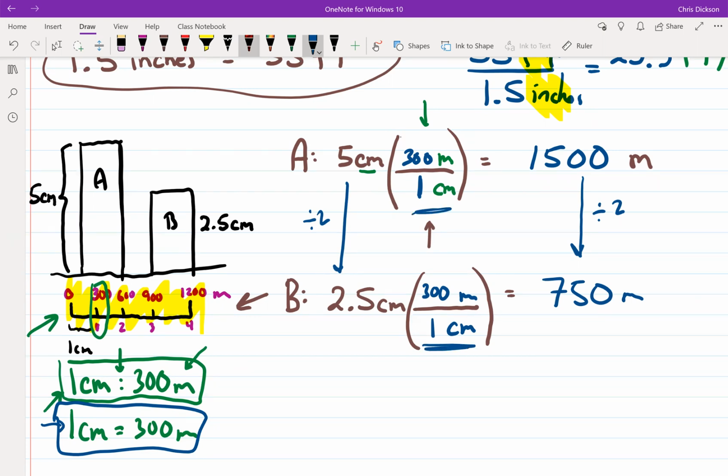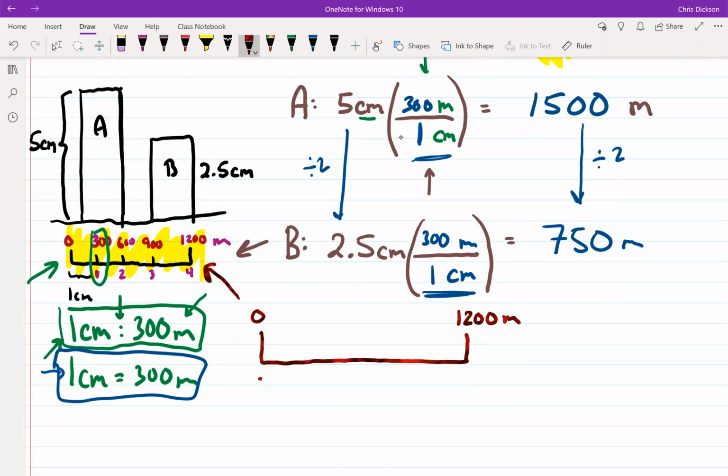Now, what can be tricky sometimes is let's say I didn't give you a scale factor that was as nice, and I said here's 0, here's 1200 meters. So I'm kind of using the same scale factor here. But maybe on the bottom, what I wrote to you was, you use a ruler and you measure this distance to be 4 centimeters.